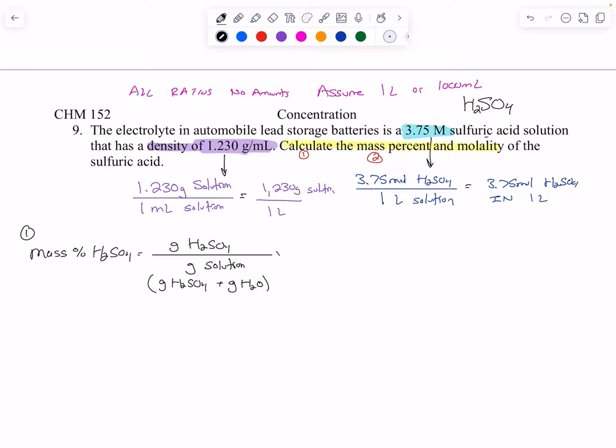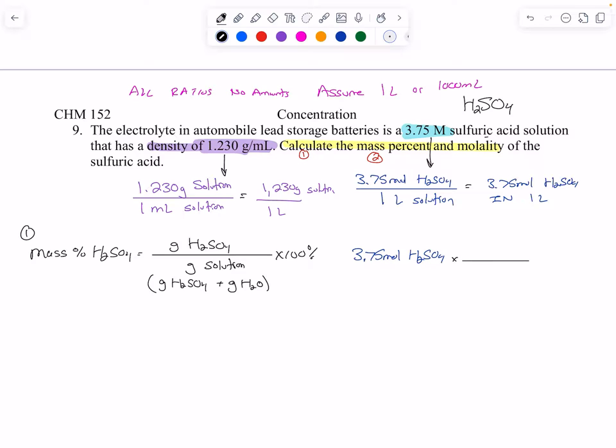But now, because it's grams of solution, I already have grams of solution, because I have 1 liter. I have moles of sulfuric acid in those grams, right? So we can take our 3.75 moles of H2SO4.